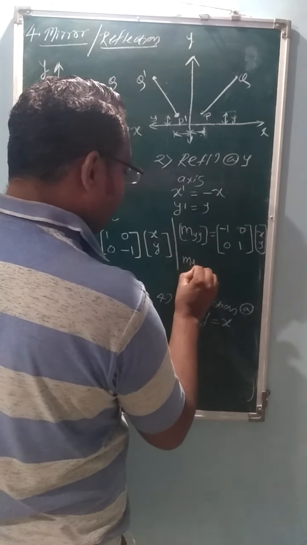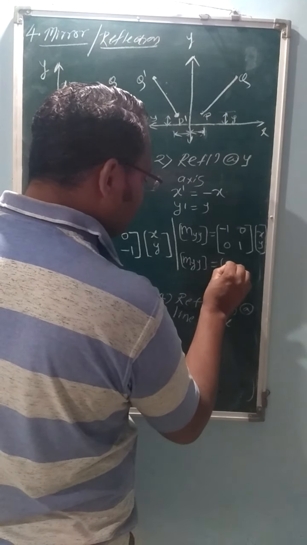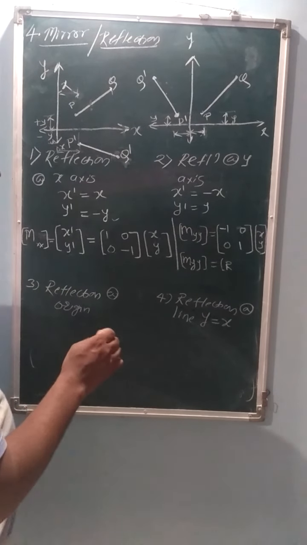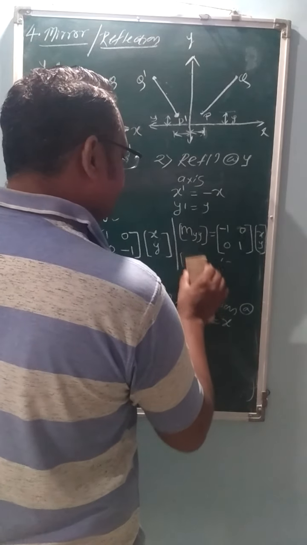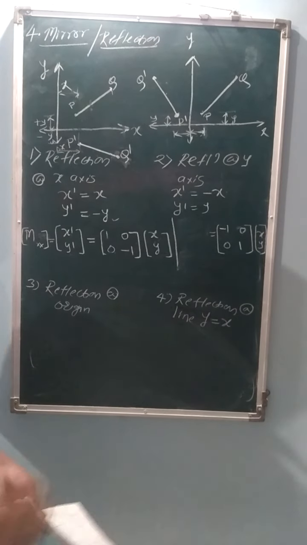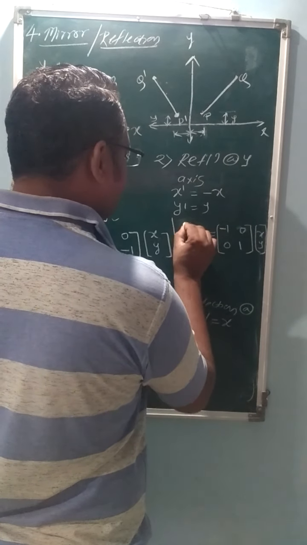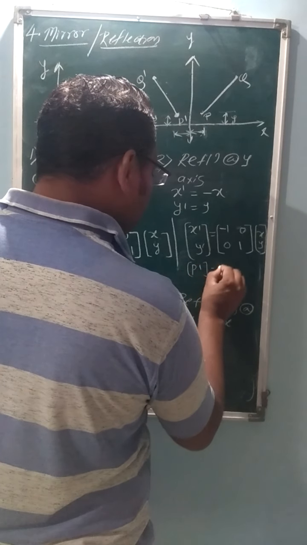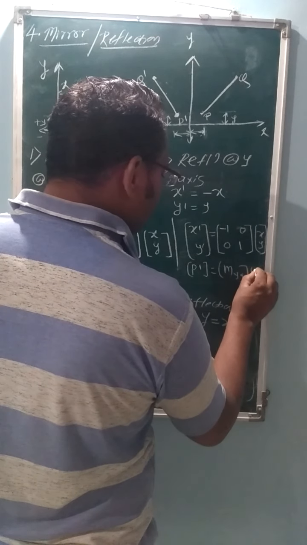So we can write mirror about y is equals to this reflection matrix, and this one is x dash y dash, or we can say P dash equals to mirror about y times the original point.